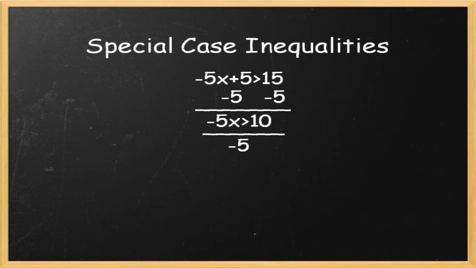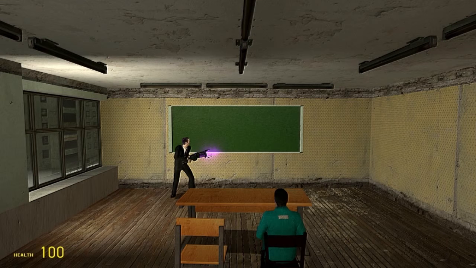When you're dividing or multiplying by a negative in an inequality situation, you have to flip the entire sign. So now it's x is less than negative 2. And graphing that would be paren negative infinity, comma, negative 2 paren. And that is how you do a special case inequality.